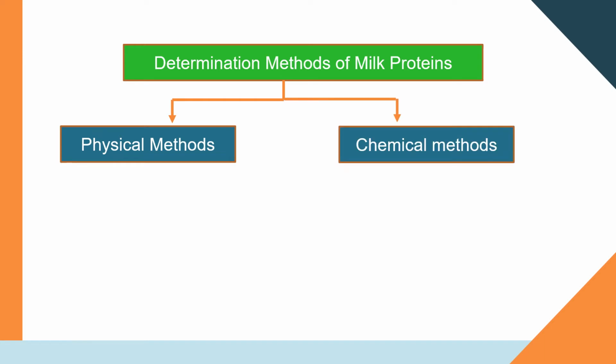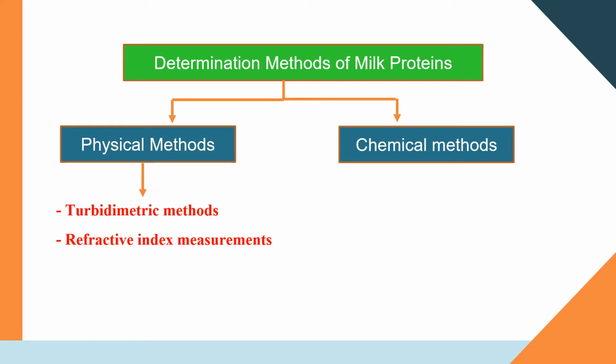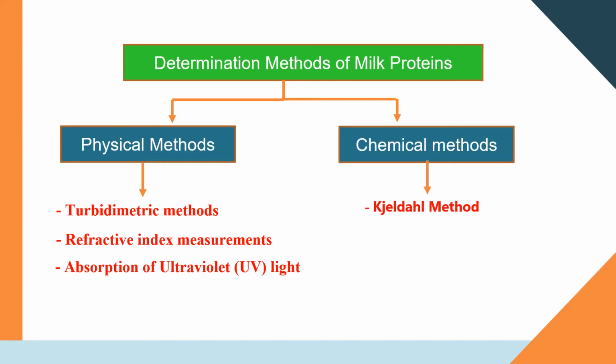Physical methods involve turbidimetric methods, refractive index measurements, and absorption of UV light or ultraviolet light. On the other hand, chemical methods include Kjeldahl method, formol titration, Biuret method, and Folin method.